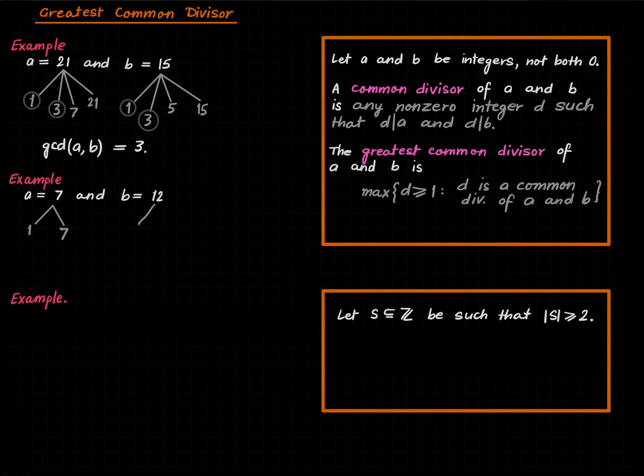What are the divisors of 12? 1, 2, 3, 4, 6, and 12. But clearly the only common divisor is 1, so the GCD is 1.